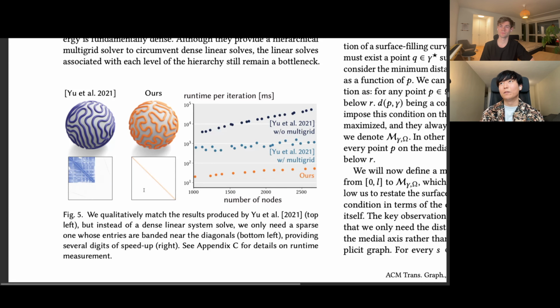But even if you use a multi-grid technique, you cannot escape from the construction of a dense matrix, which still hinders this method from being faster. Whereas in our setup, we only consider our neighbors and the node itself. So we don't need to deal with all those dense linear solves.